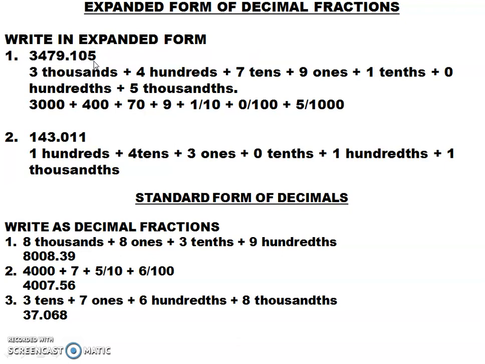Don't make mistakes in writing the spelling. How will you write in the number form? 3000 plus 400 plus 70 plus 9 plus 1 by 10 plus 0 by 100 plus 5 by 1000. This is the expanded form.